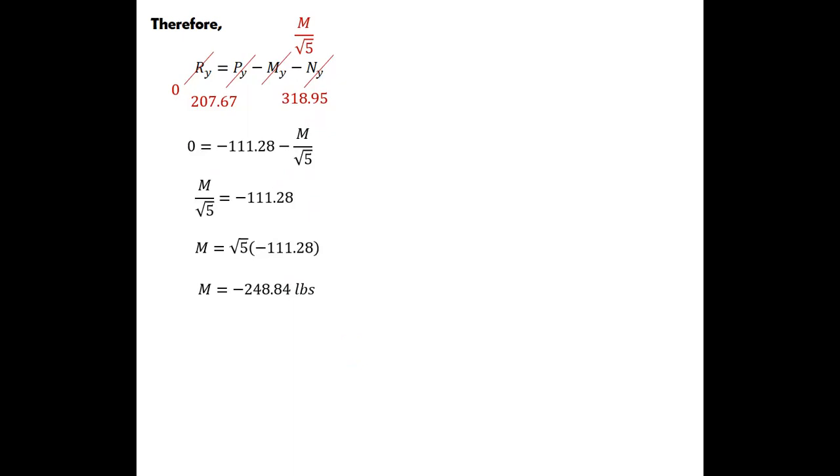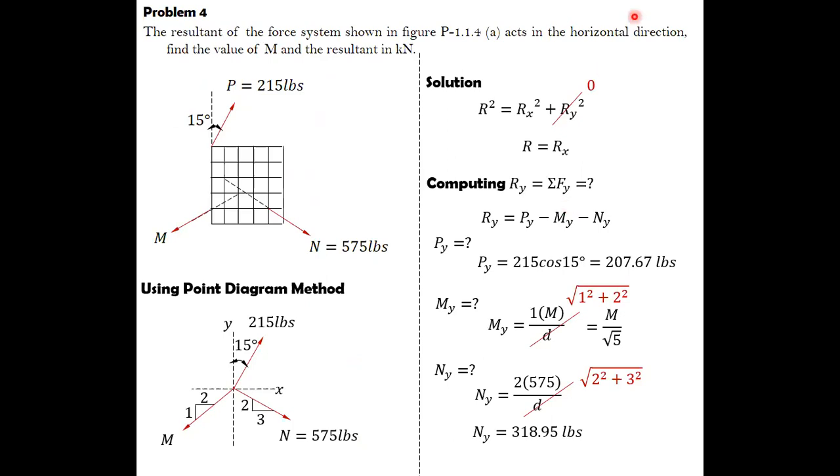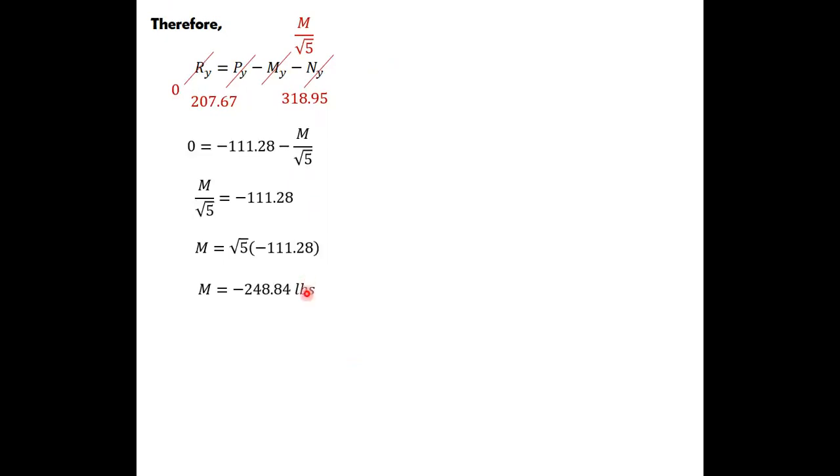Now, since the desired unit according to our problem is that it must be expressed in terms of kilonewton, take note, we are asked to find the value that must be expressed in kilonewton. So what we need to do is to convert muna pounds to kilonewton before we proceed in calculating the resultant force.